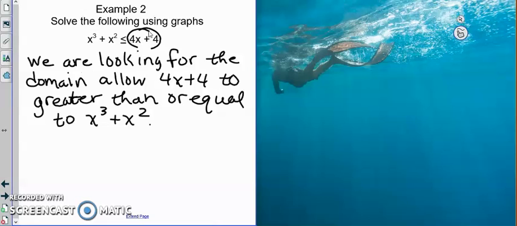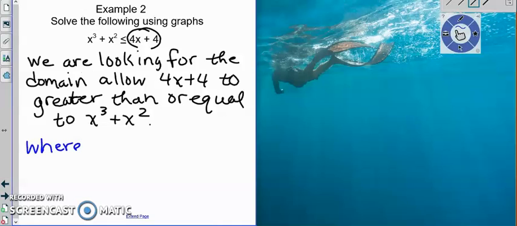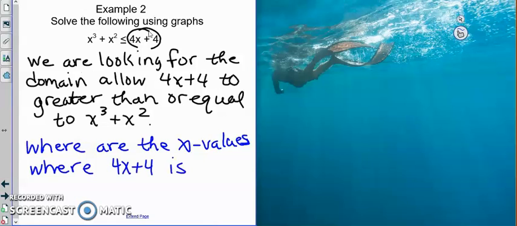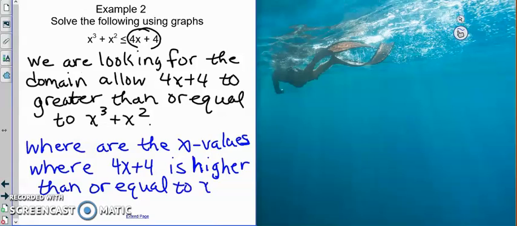To put that in better terms, we're pretty much saying where the x values where 4x plus 4 is higher than, greater than, the numbers are higher than, or equal to x cubed plus x squared.